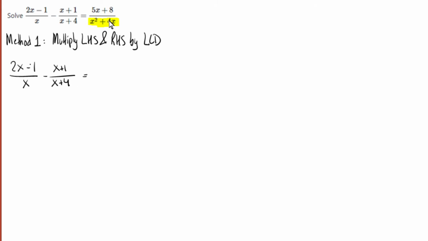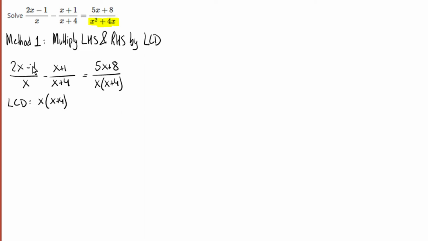And we can factor out the GCF in the denominator over there, which gives us x in brackets x plus 4. And this will allow us to determine the lowest common denominator being x times x plus 4. Now what we're going to do in this method is multiply each term.